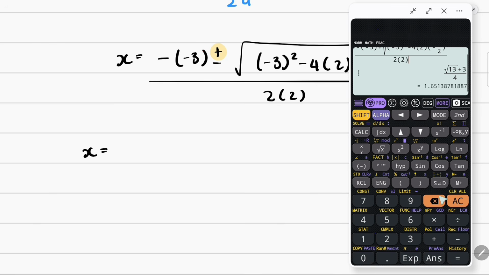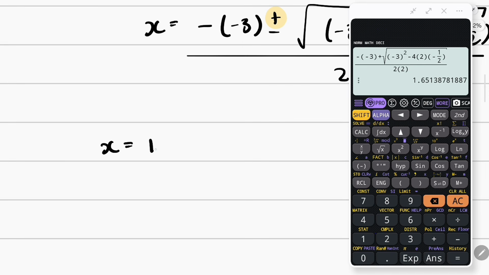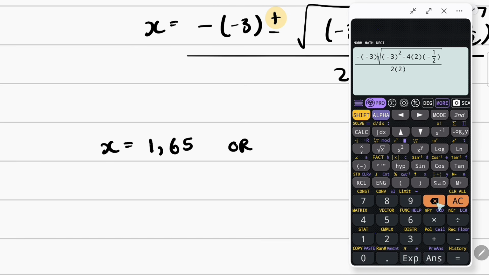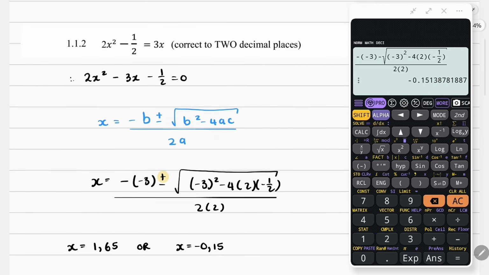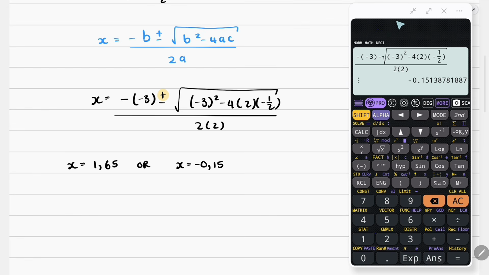The first, in decimal form, is 1 point, which rounds to 1.65. And when we change that to a minus, the second solution is where x is equal to negative 0.15, rounded to 2 decimal places. Those are our answers, and moving on to the next question.